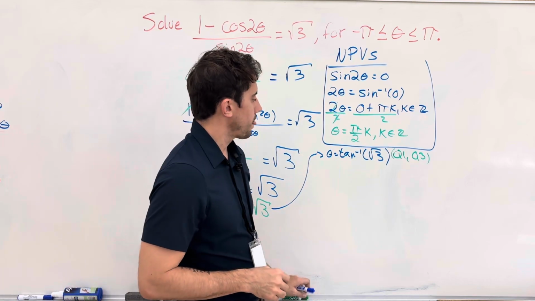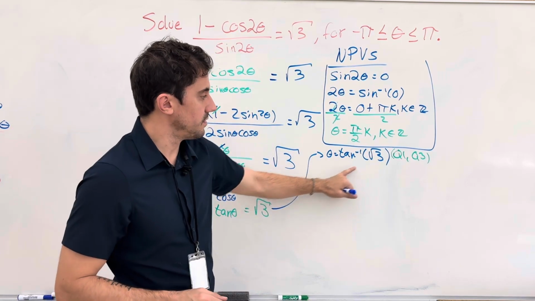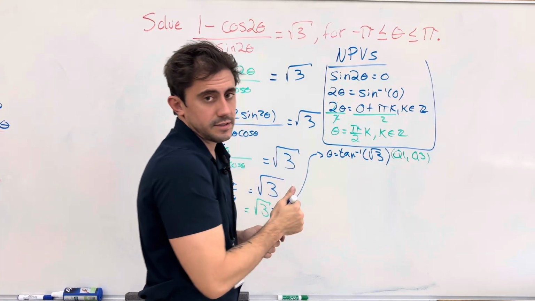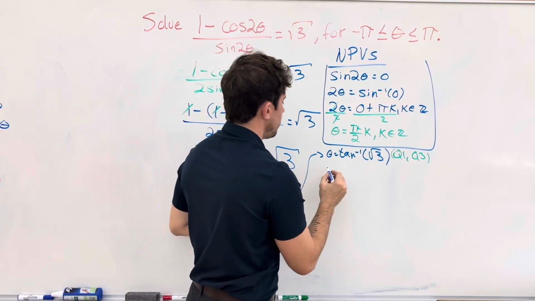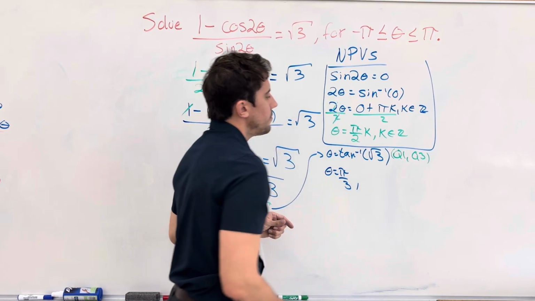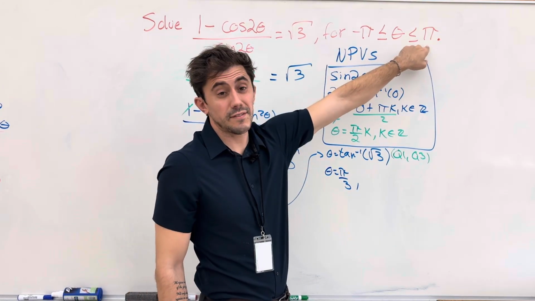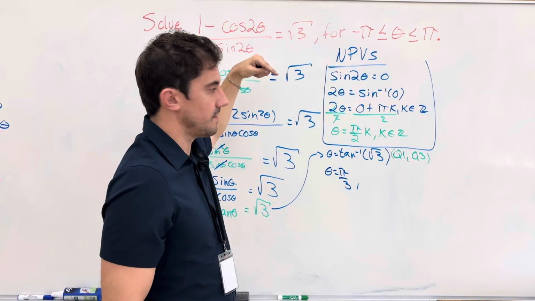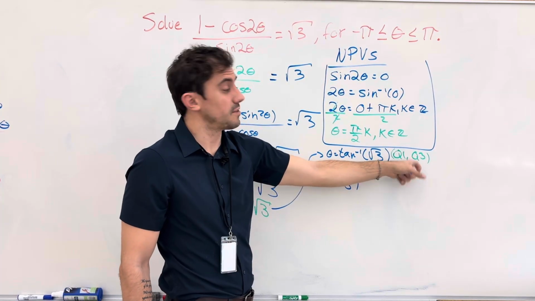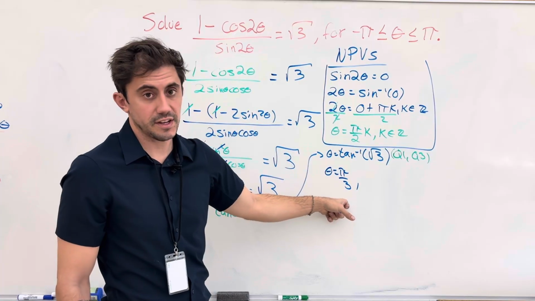And so now I'll ask you to think, where is tan theta positive root 3? Well, in Q1, through the positive angles, that is at pi over 3. So we get theta is equal to pi over 3. But through the positive angles, if we have to stop at pi radians on the left side of the unit circle, we will not even touch Q3. And so that's the only solution we're going to get through the positive angles.